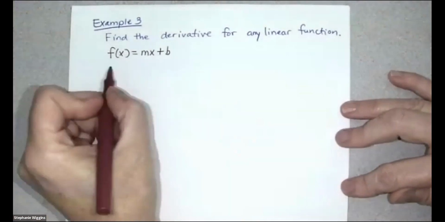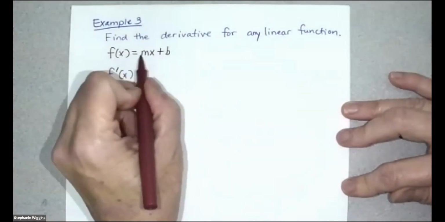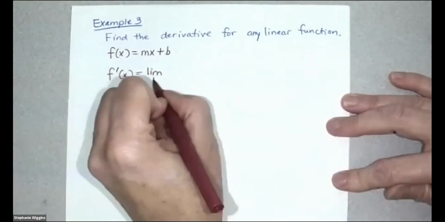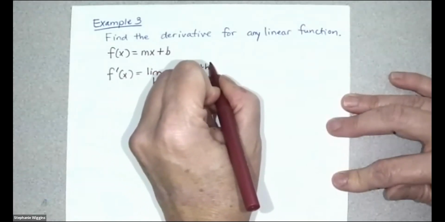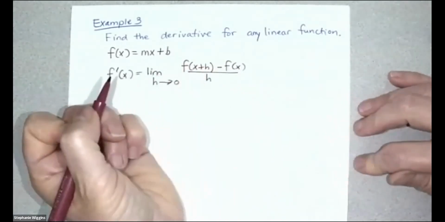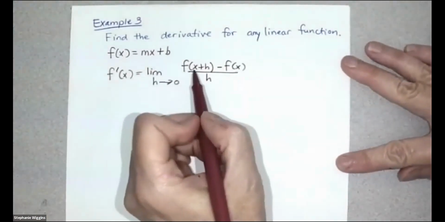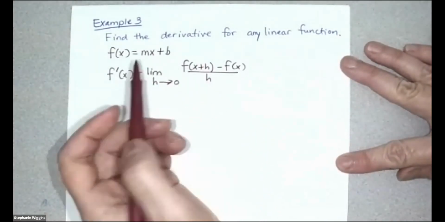I want to find the derivative for any linear function. So I'm going to take my definition and apply it to this type of function. And remember, the definition of the derivative is the limit as h approaches 0 of f of x plus h minus f of x divided by h. And to evaluate the function at x plus h, I just take my x plus h and replace the x here.